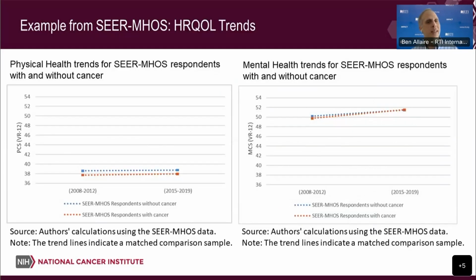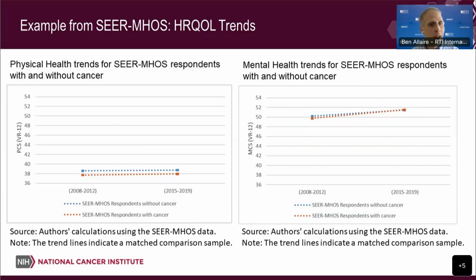Okay, and this is the outcomes, and this is what we were kind of talking about when we consider the confounding that's really useful. So on the left-hand side, you can see the physical health trends for SEER MHOS respondents with and without cancer.